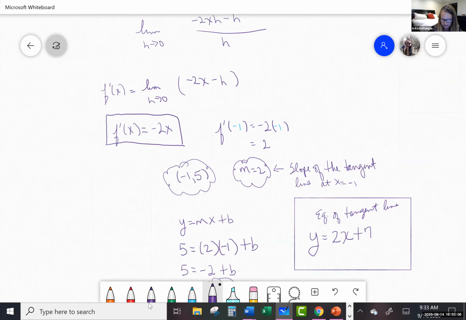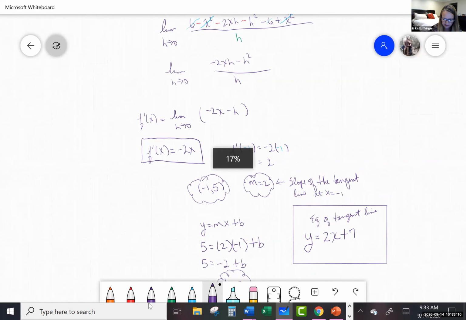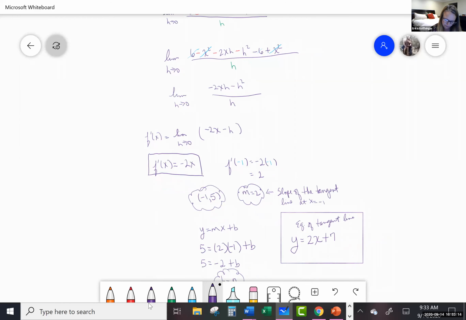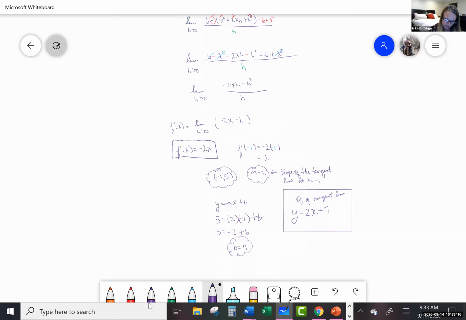If we looked at it, we could graph that line. It's going to be really small.